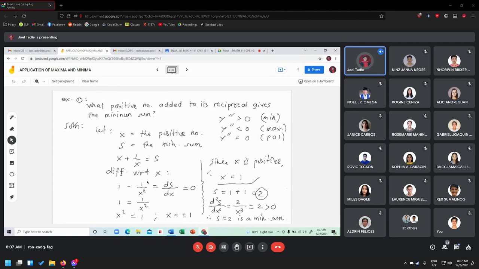So what is the derivative of x with respect to x? Sophia? Hello, Sophia? Hello, sir. What is the derivative of x with respect to x? 1, sir. 1. Very good. The second term, what is the derivative? 1 over x.